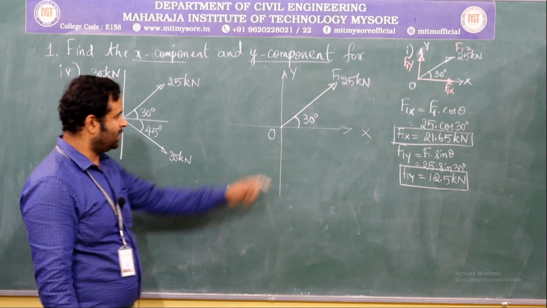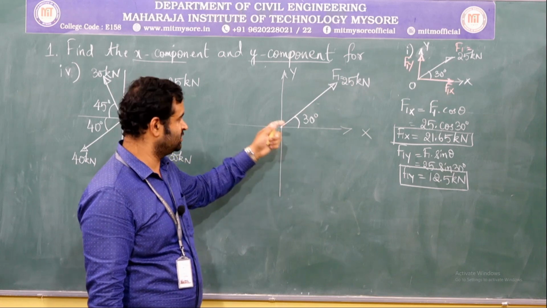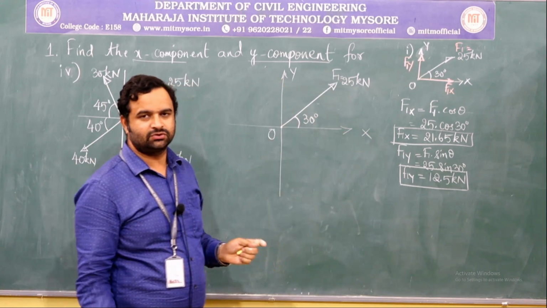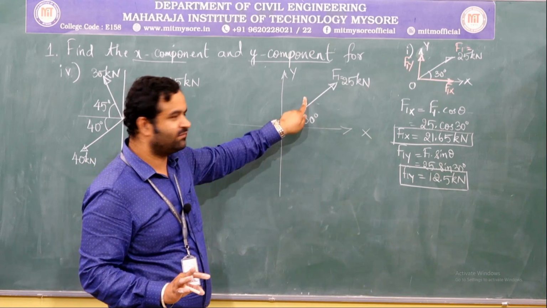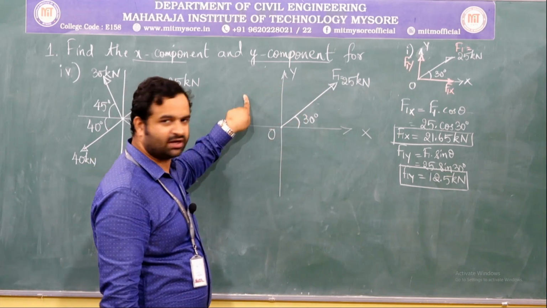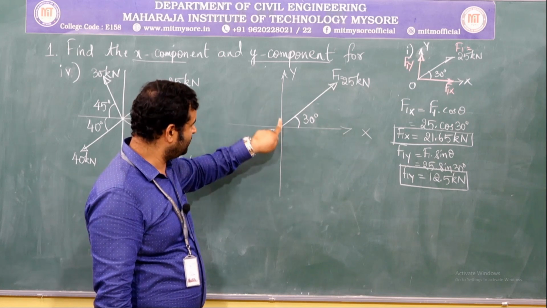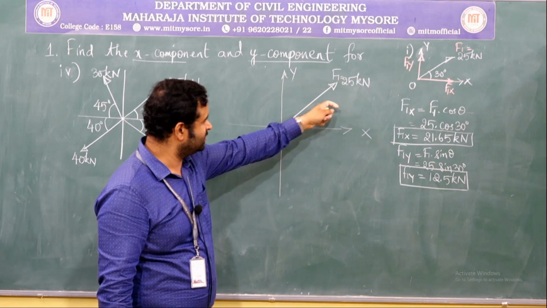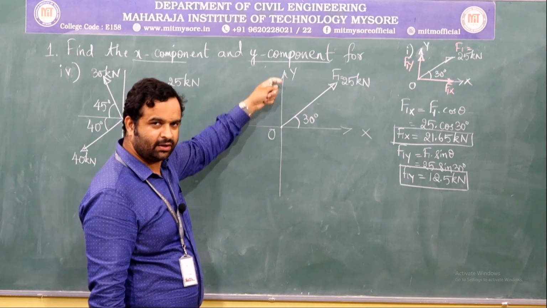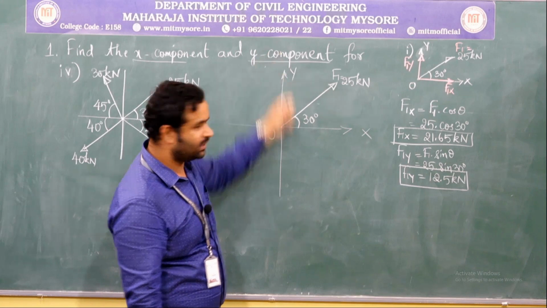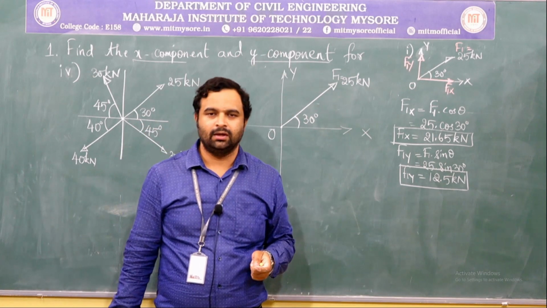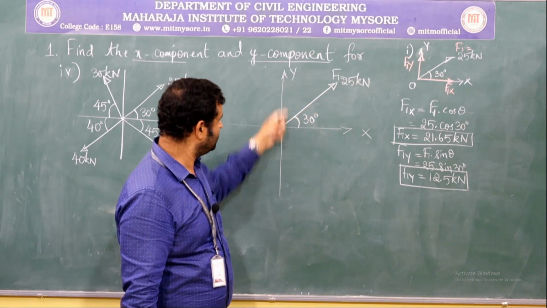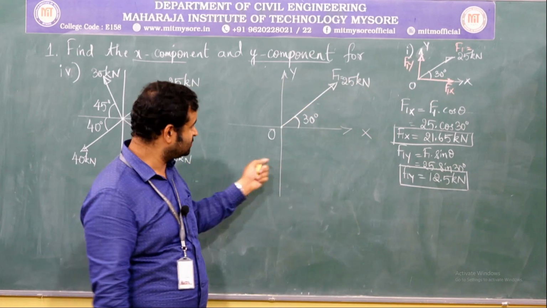So what happens if I write the same thing in this figure? I can write F1x and F1y. So there will be no confusion when I take only the first force. When I take the second force, again what happens along the y axis is, you will have the same force F1y and also F2y acting along the y direction. That is why I am not writing the forces in the x and y directions in this particular figure.